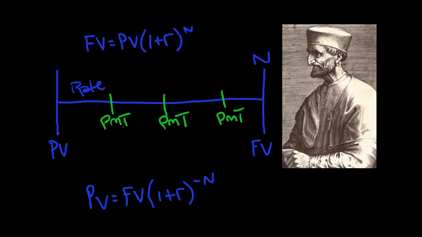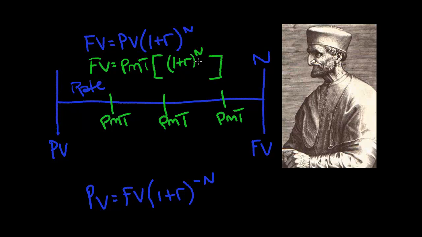So what if we have payments and I want to know the future value? Instead of starting with the present value, we have to start with a payment. The equation is very similar, but slightly different. First of all, I have my 1 plus R, and I have my N. That 1 plus R is going to be in every time value equation.